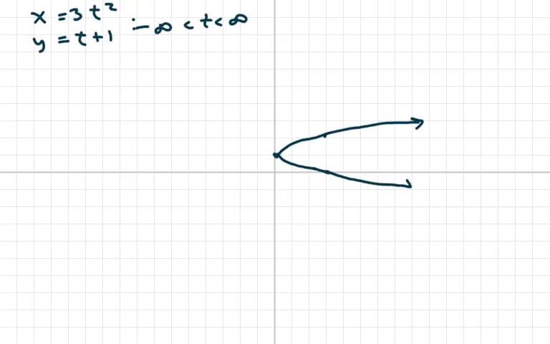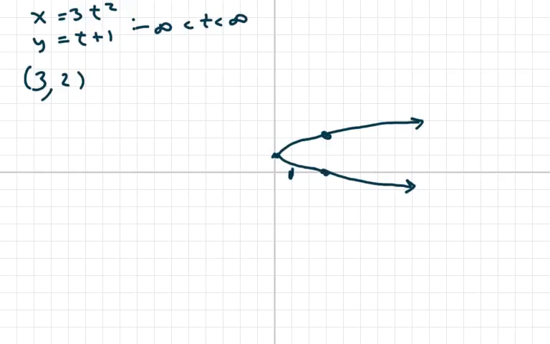All right. If you want to plug in some t values, like if you plug in 1 for t, you'll get x is 3, and you plug in 1 here and you get 2. So (3, 2) is what I have right here. Kind of matched it up.